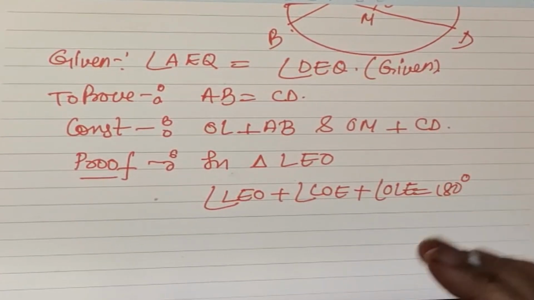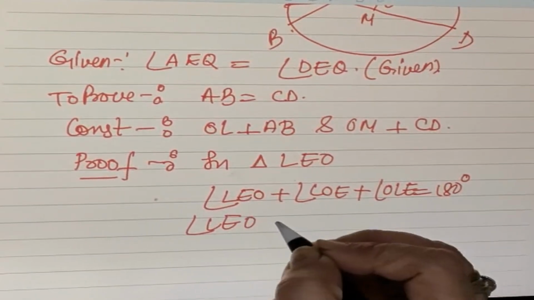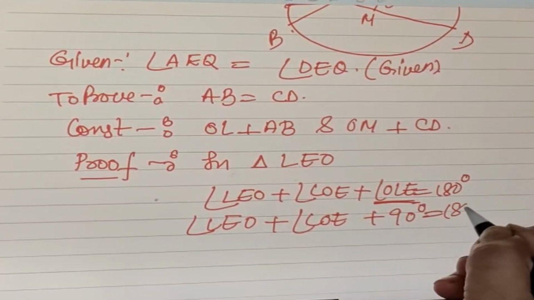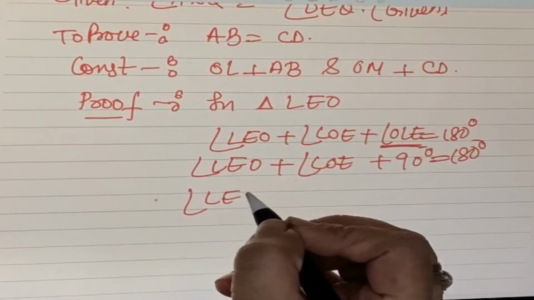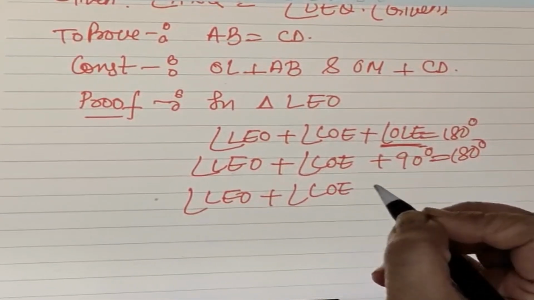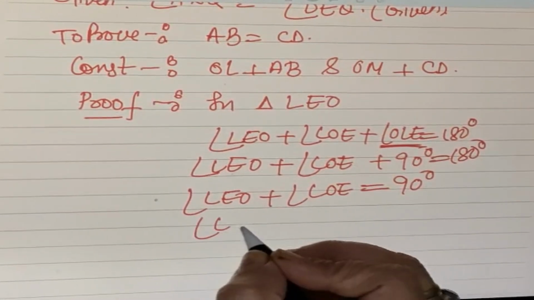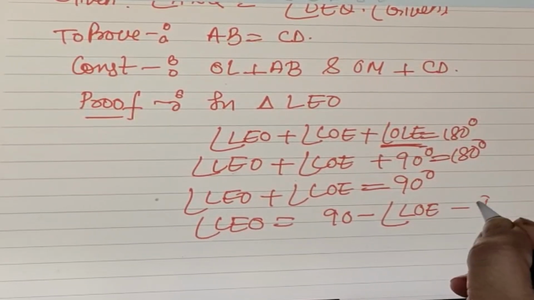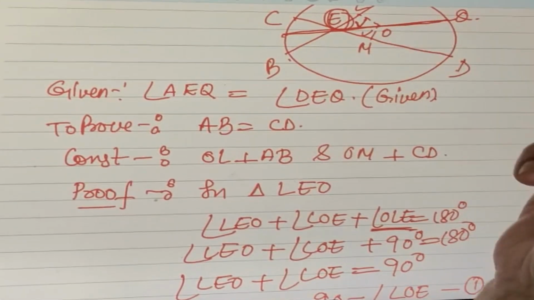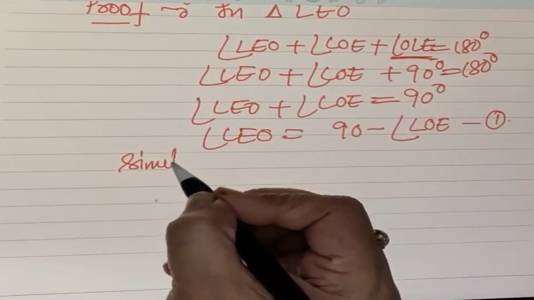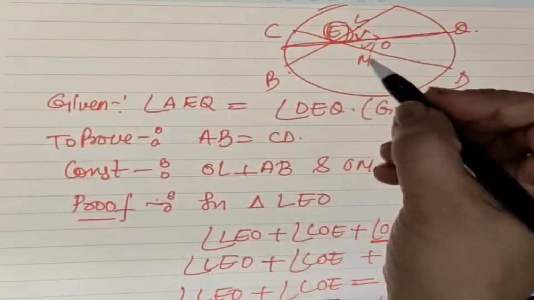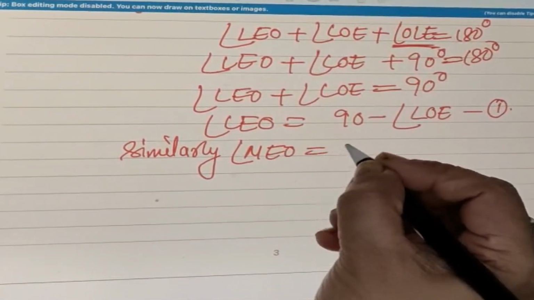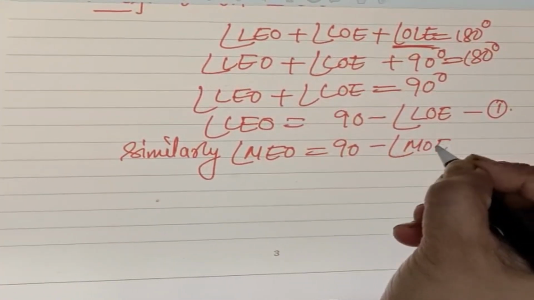Everybody knows the angle sum property. LEO I am keeping it like that. LOE also here, but by construction this is 90 degrees. Correct. Now here LEO plus LOE is equal to 90 degrees and I write it this way: LEO is equal to 90 minus LOE. Equation number 1. I am again taking this triangle, so I am similarly writing down. Similarly you will write angle MEO is equal to 90 minus MOE.